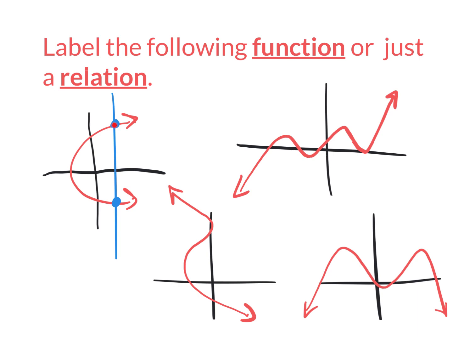So this is like the coordinate 2, 4, and this is like the coordinate 2, negative 3. So as you can see numerically, you plug in a 2 and you get out a 4 up here. You plug in the same 2 and you don't get out a 4, you get out a different answer, so that machine's broken. We don't need to think about numbers. As long as you draw a vertical line and it touches at 2 spots or more, then it's not a function, it's just a relation.